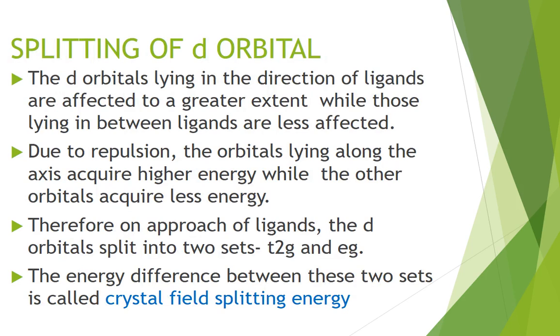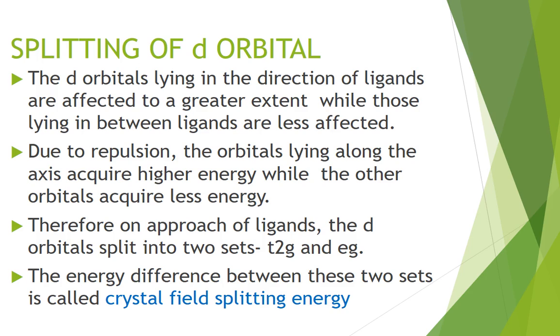Now, what is the splitting and how does the splitting of d orbitals take place? D orbitals lying in the direction of ligands are affected to a greater extent, while those lying in between the ligands are less affected.